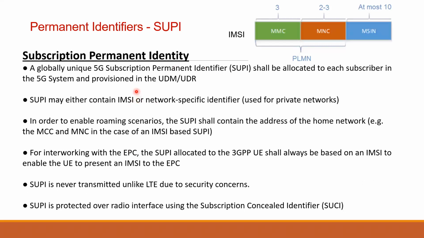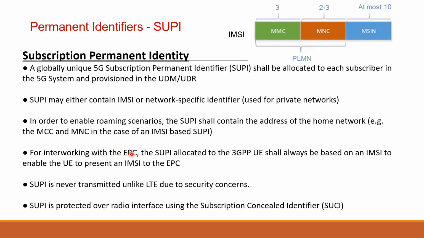In case of 3GPP, it's usually IMSI. In order to enable roaming services, just like in IMSI, the SUPI shall contain the address of the home network. So it will always contain the MCC and the MNC.